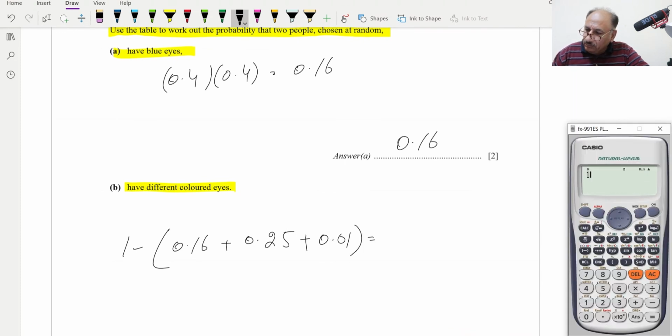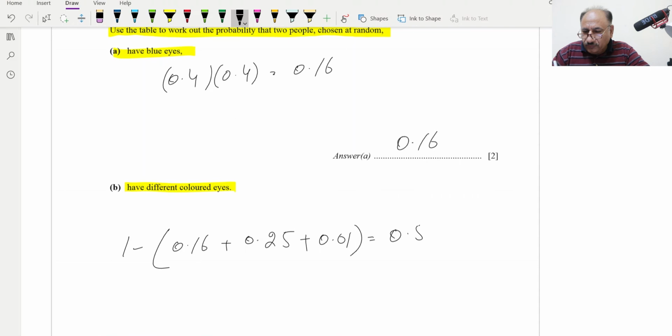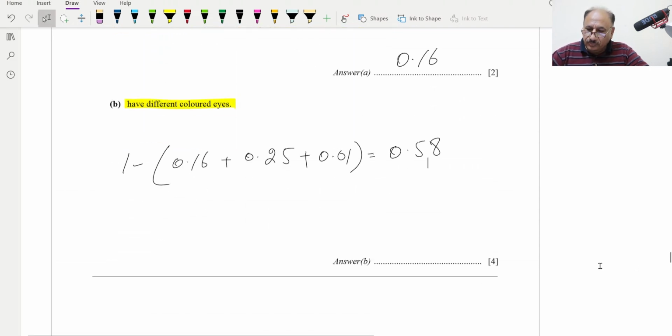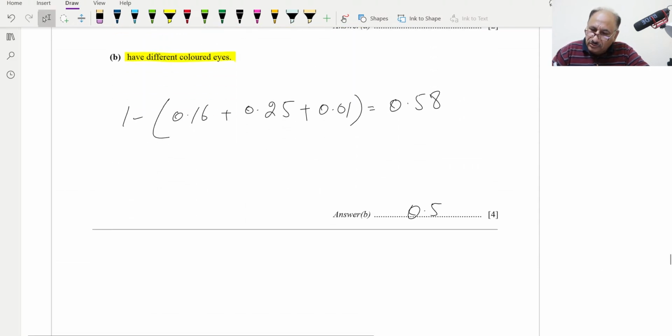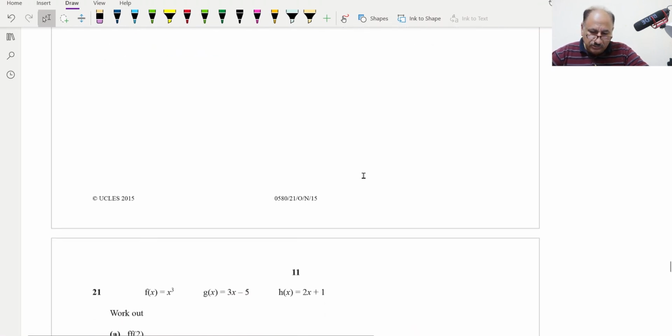So this will be 1 minus in brackets 0.16 plus 0.25 plus 0.01, and this will be resulting to 0.58, and this will be our final answer over here. This one is also done.